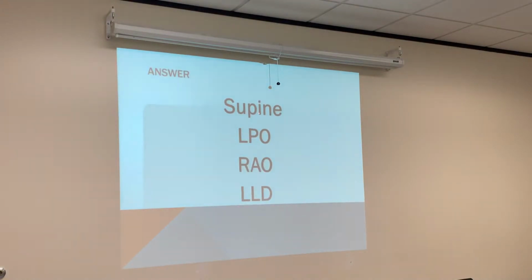So it would be supine first, then I would try the LPO, then the left lateral decubitus, and if I still don't see it, I'm going to RAO it. Because the gallbladder is just a sac, I'm going to throw it closer to my transducer. That's what I'm doing when I'm RAO.